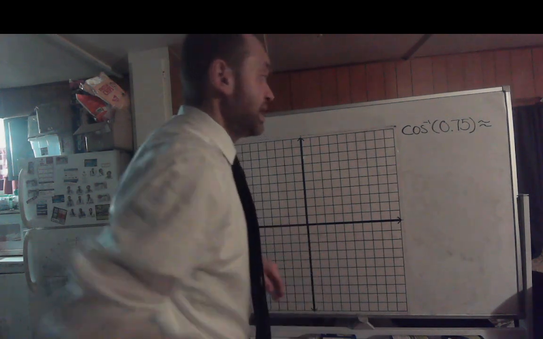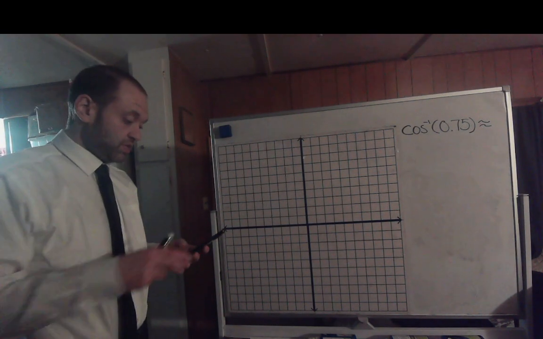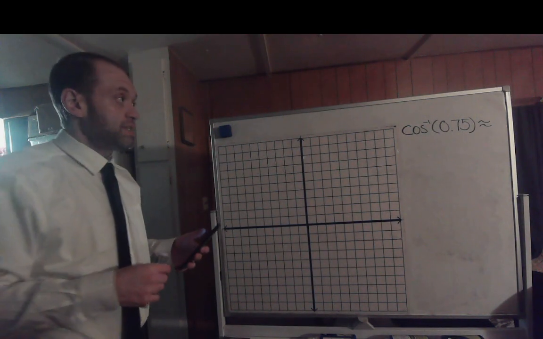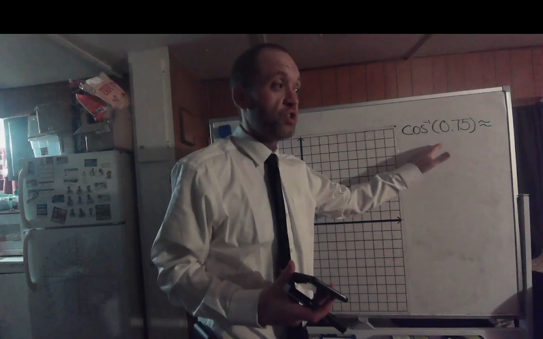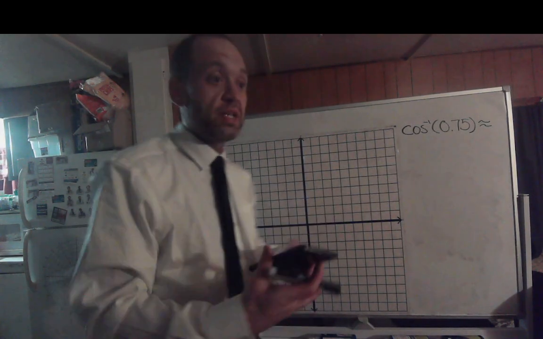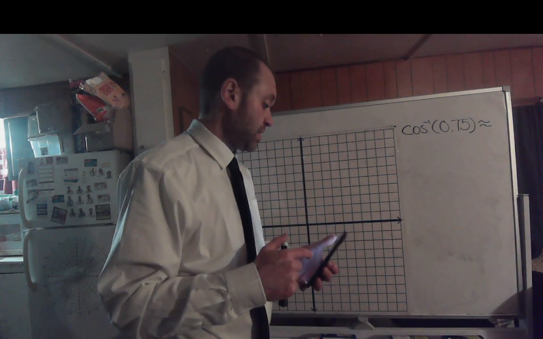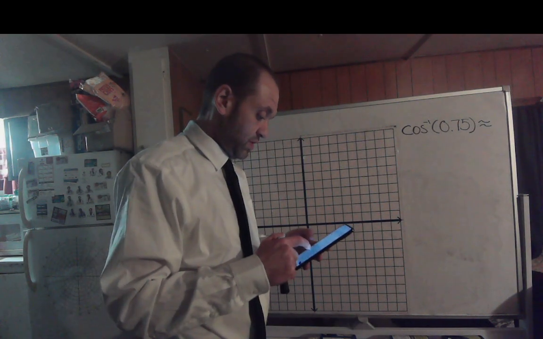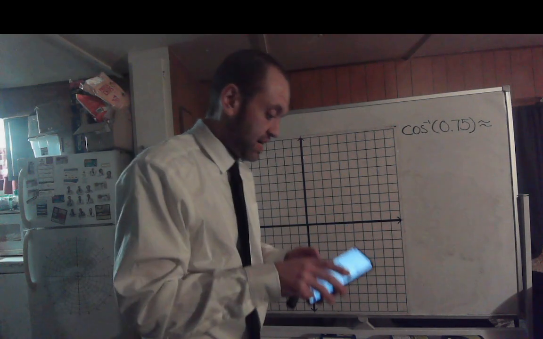Now we want to get an answer in both radians and degrees. In your calculators, these inverse functions will be set to the proper ranges, so you don't have to worry about that. So let's do in degrees the cosine inverse of 0.75. We're going to round to 2 decimal places.